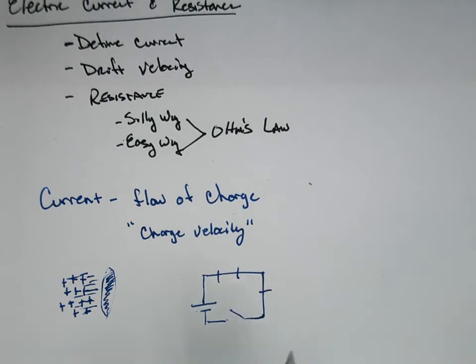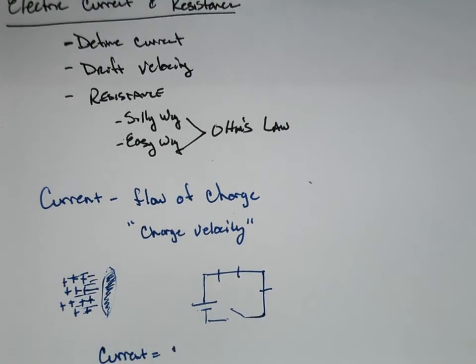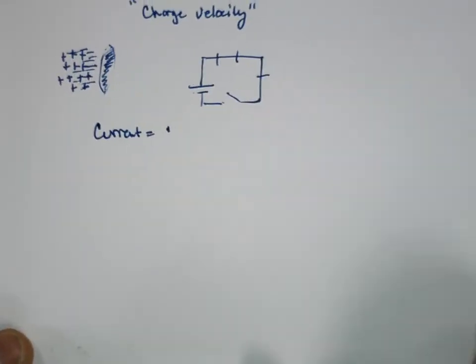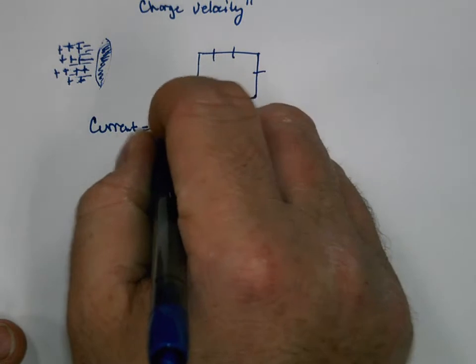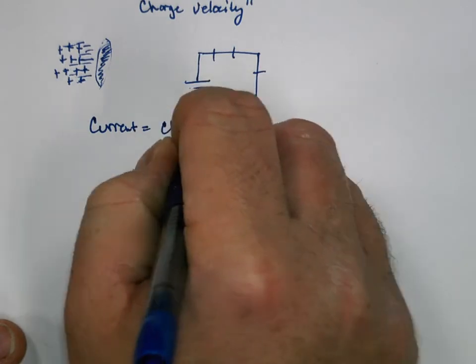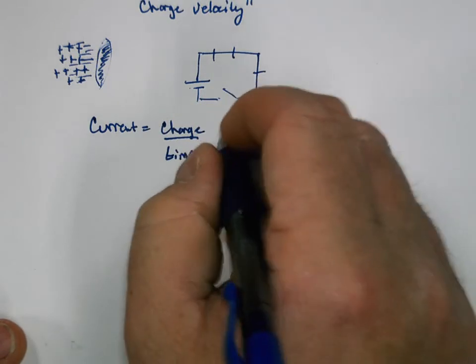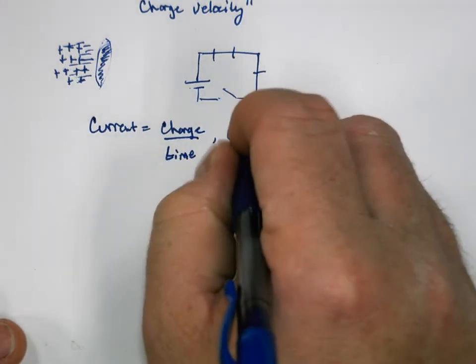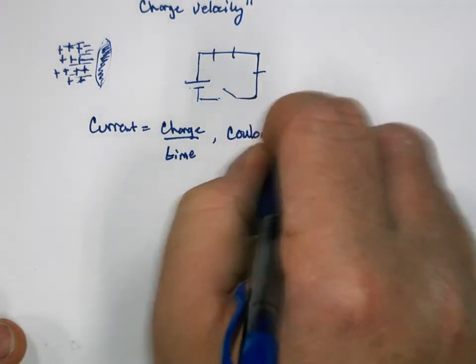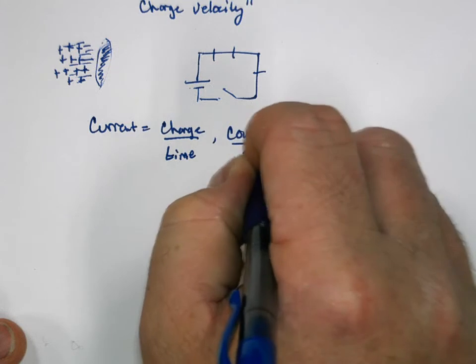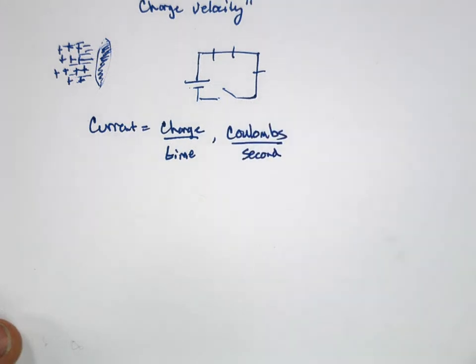All right, and current then is charge over time, equals coulombs per second.